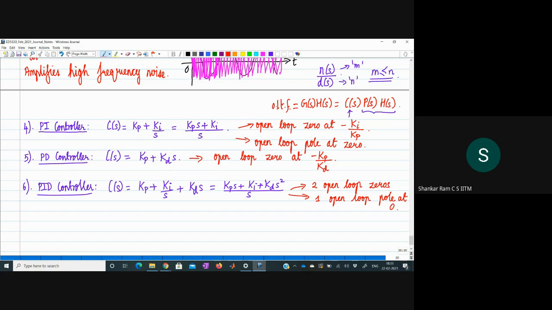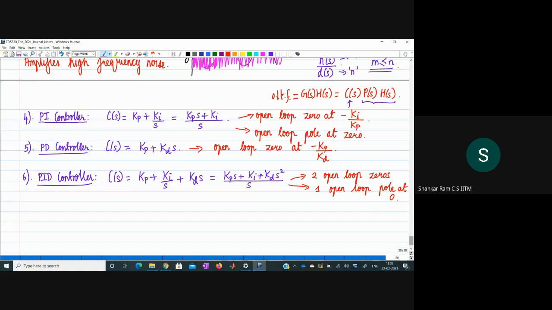The PID controller is one of the most common controllers used in practice, and that's why we are going to study that first. How do we design this? I told you that typically the plant transfer function and the feedback path transfer function are given to us. So P(s) and H(s) are known.